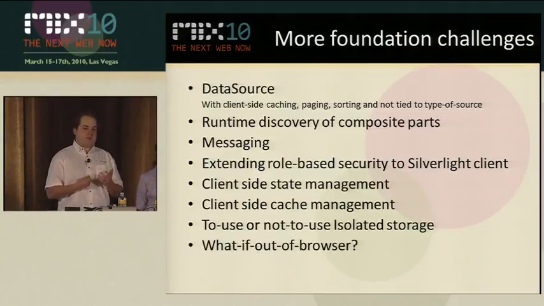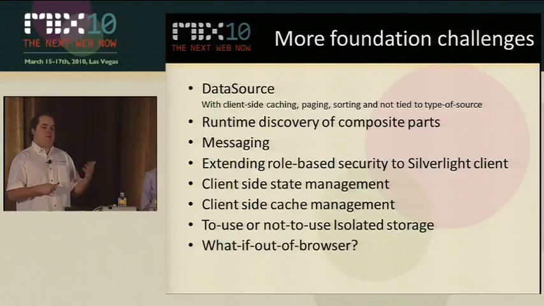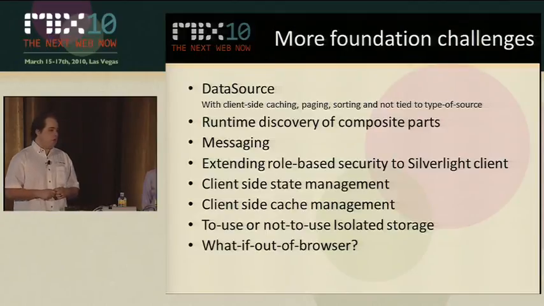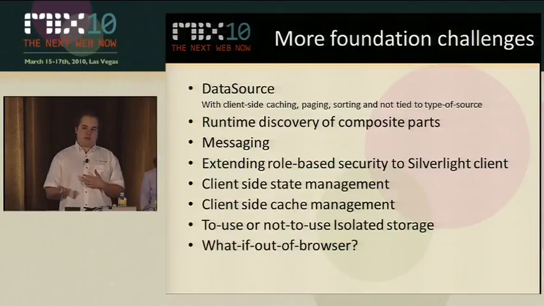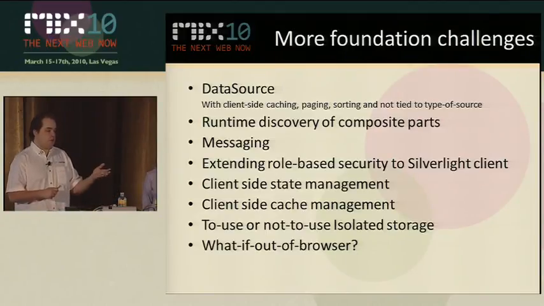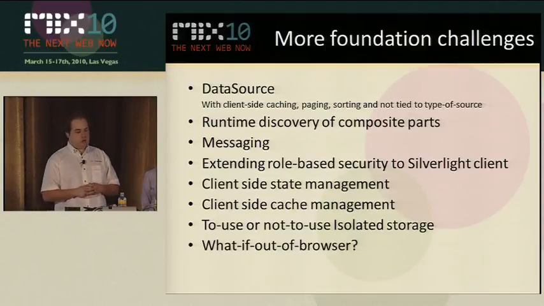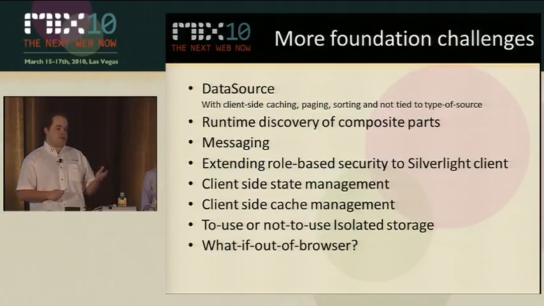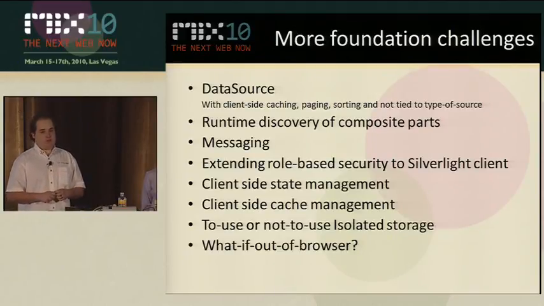Obviously, RIA solves some of these problems, but when you have more sophisticated scenarios, those things are just not there. We had to implement client-side state management, like we already mentioned. And ultimately, when you're building a large business application, you have to consider whether or not you're going to use isolated storage. We didn't leverage isolated storage. We had several concerns around using it with a line of business application.